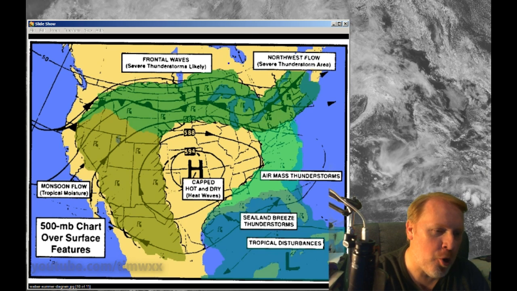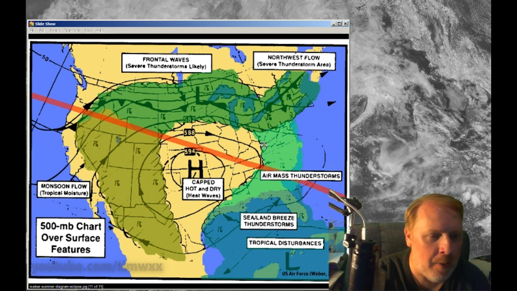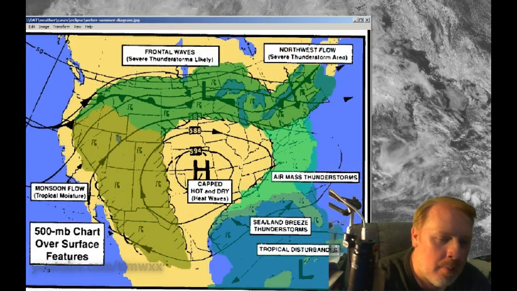In any case, this shows us that these frontal waves tend to move west to east through the northern tier states. And that means we might get northwesterly flow storms up in New York, but fortunately, most of the time, that's out of the path of the eclipse.